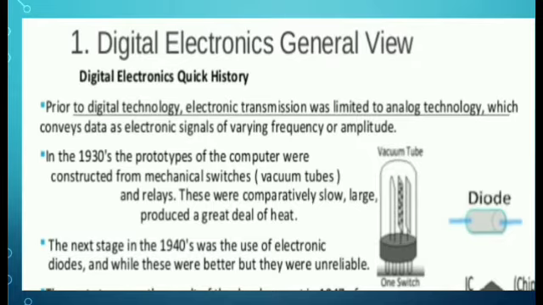In 1930, prototypes of computers were constructed from chemical switches and relays, and these were comparatively slow and large and produced a great deal of heat. The next stage, in the 1940s, was the use of electronic diodes, and while these were better, they were unreliable. Okay, so this is a general view of early digital electronics, right?